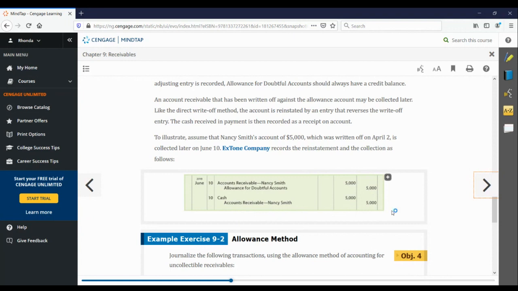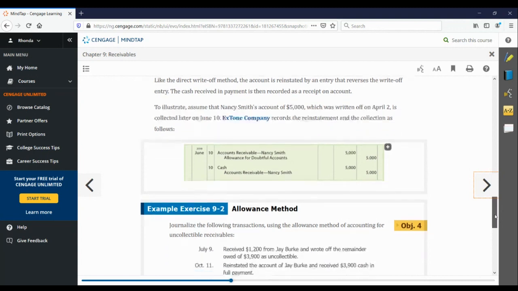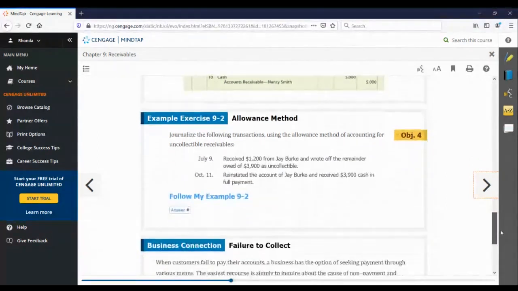It would take it off of the books, the accounts receivable portion, and we would have reversed out our allowance for doubtful accounts. It is no longer a write-off entry, so we had to pull it back over as a credit to the allowance account. So that's what happens when we reinstate an account.